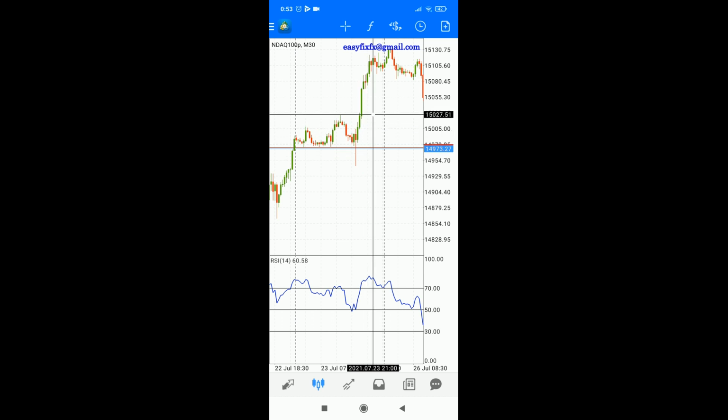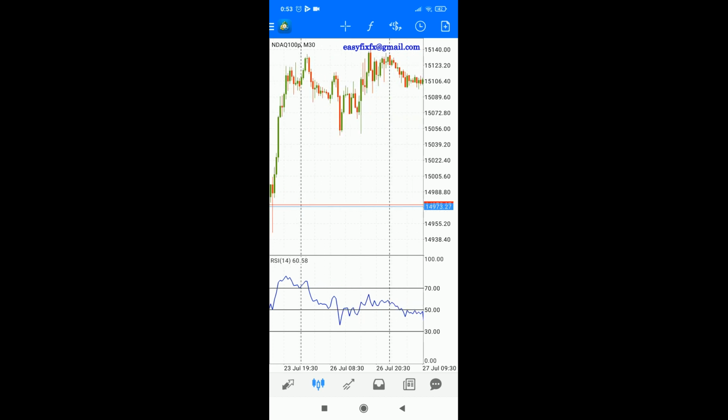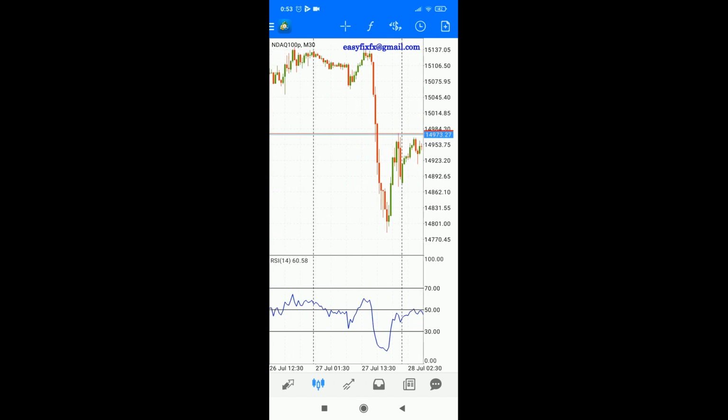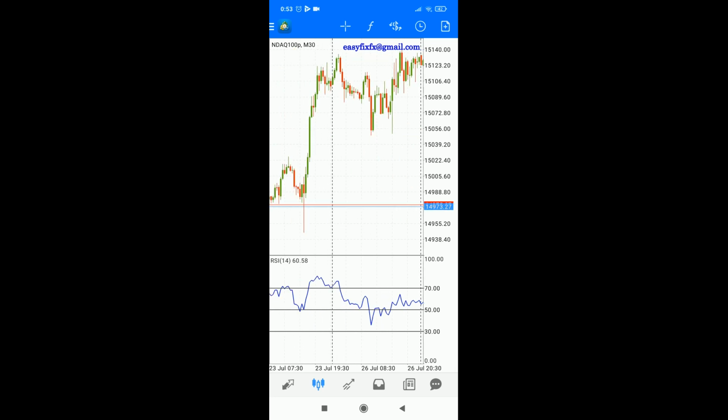We can also see in this previous example, we had a low in place over here and a high in place over here, and the price broke outside of the breakout zone, and the RSI went below the 30 level.